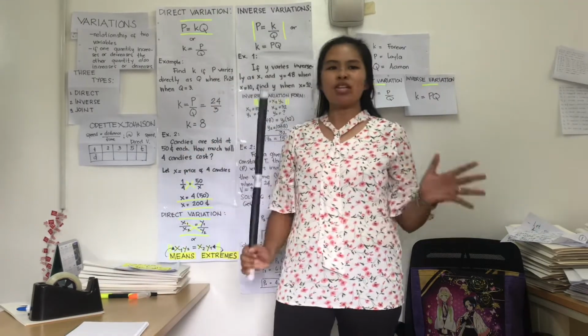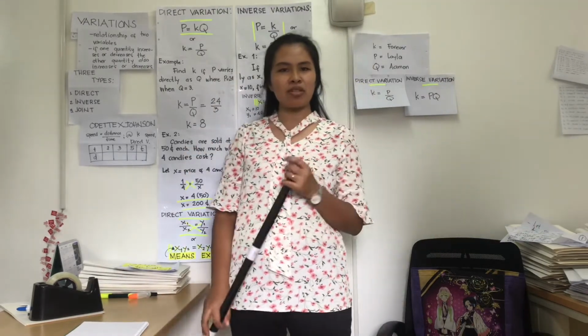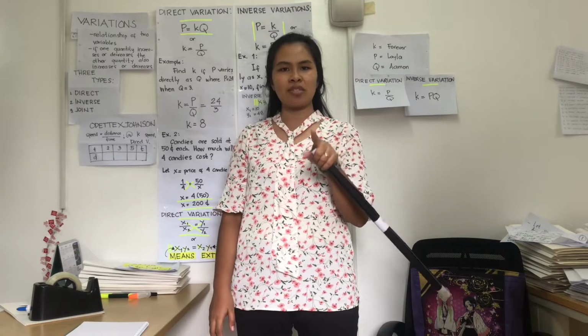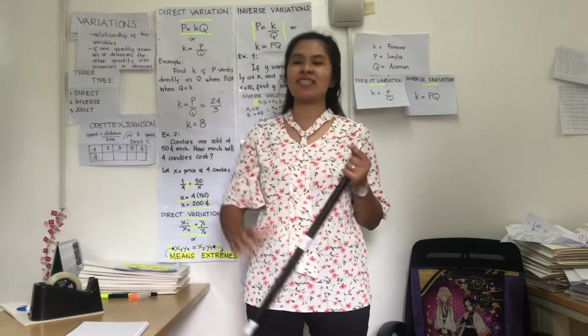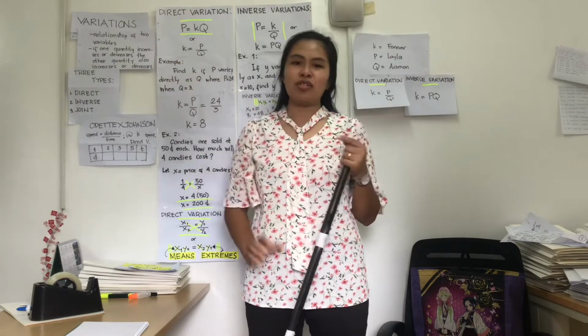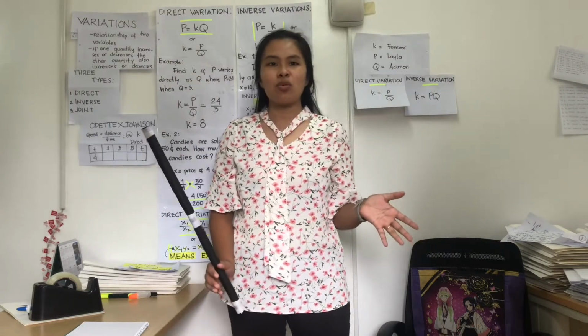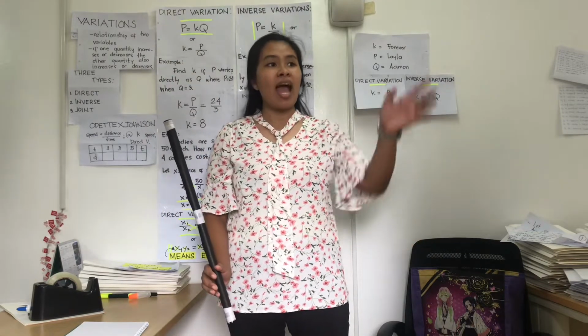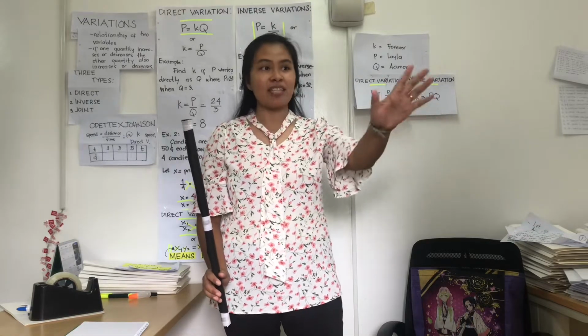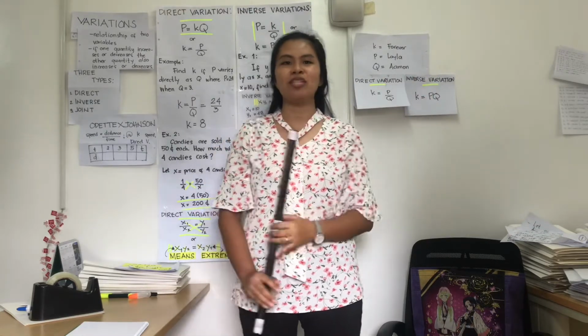So, who among you here can still remember the topic we discussed yesterday? What was it all about? Very good. Rational expression. So, what is a rational expression? That is correct.